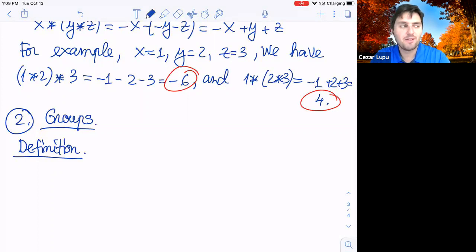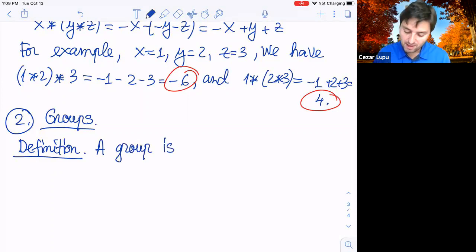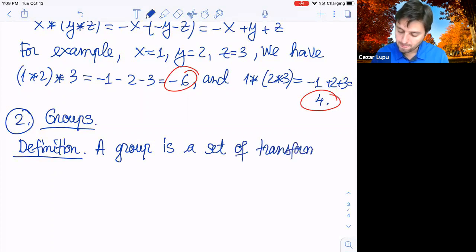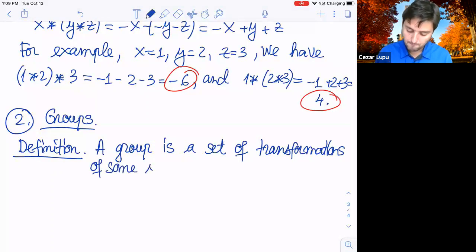Let me give you a philosophic definition of a group. What is a group? A group, and then I'll give you the formal definition as well, is a set of transformations of some space. It's a group with one object, yes.